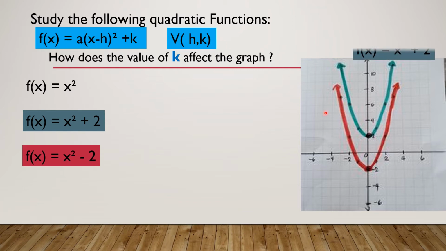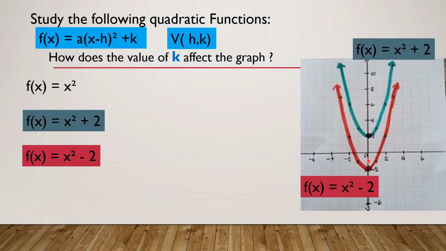So this one is the graph of f of x is equal to x squared plus 2. And from the origin, look at this one, it moves 2 units up, 1, 2, plus 2. Okay? And this one is the graph of f of x is equal to x squared minus 2. From the origin, it moves 2 units down.